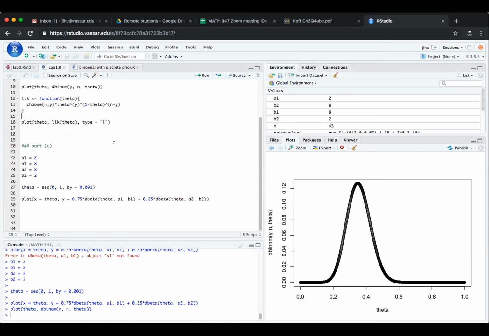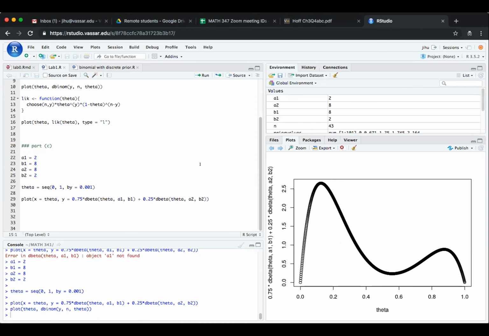So the new material today for this lab is about this mixture idea. Okay, so the mixture idea is really trying to have a weighted average in some sense. You have a certain contribution from some beta prior, a certain contribution from another, which will help you come up with the special shape of the beta prior that you have.